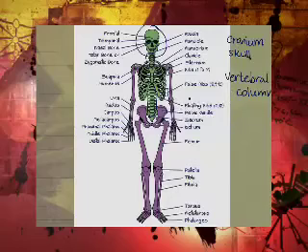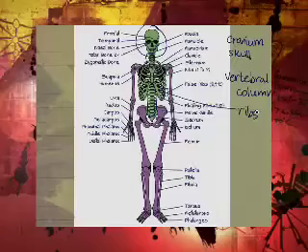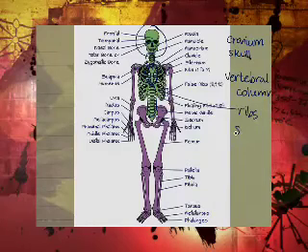Attached to the vertebral column are, of course, the ribs. And next week we'll see exactly how the ribs are attached. They're attached at the back to the vertebral column, and they're attached at the front to this structure here, which we call the sternum, which is also known as your breastbone. And the ribs are attached in a fairly flexible way that they allow for breathing to take place.